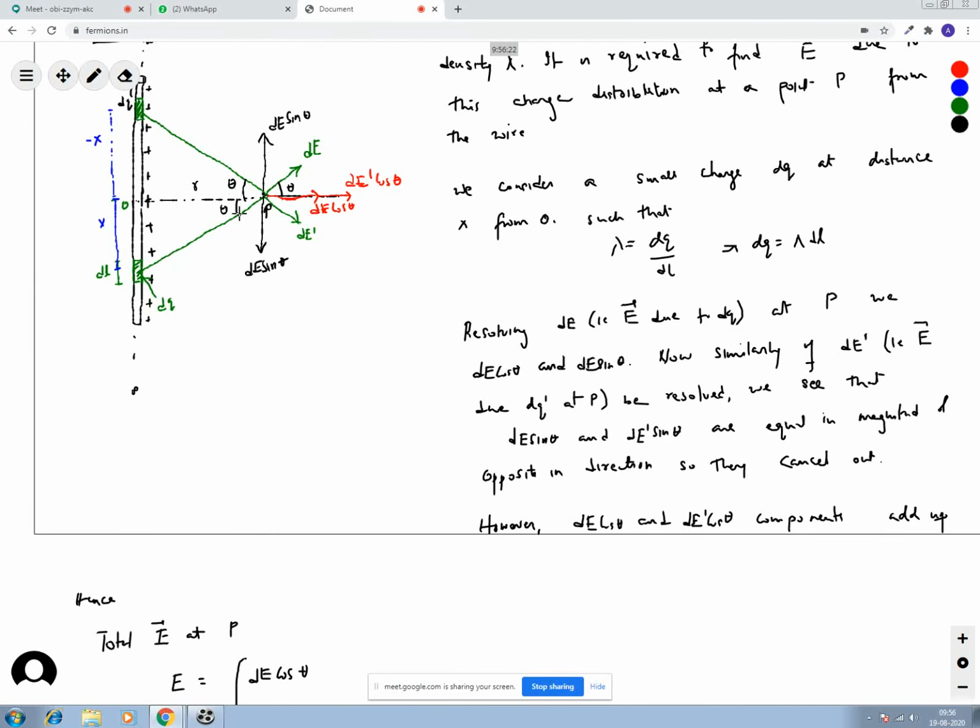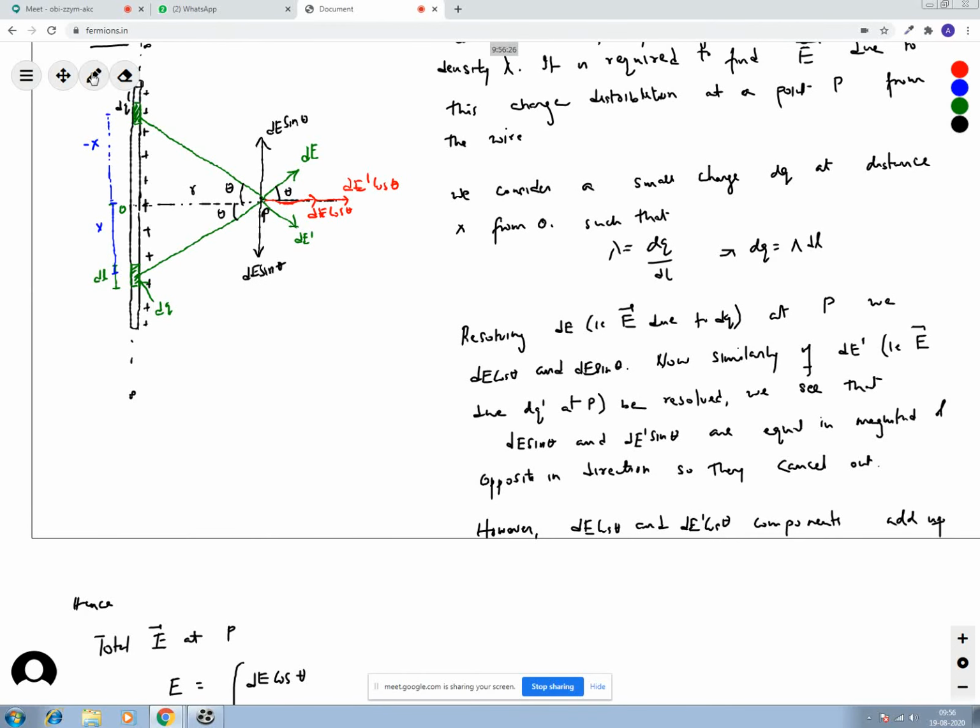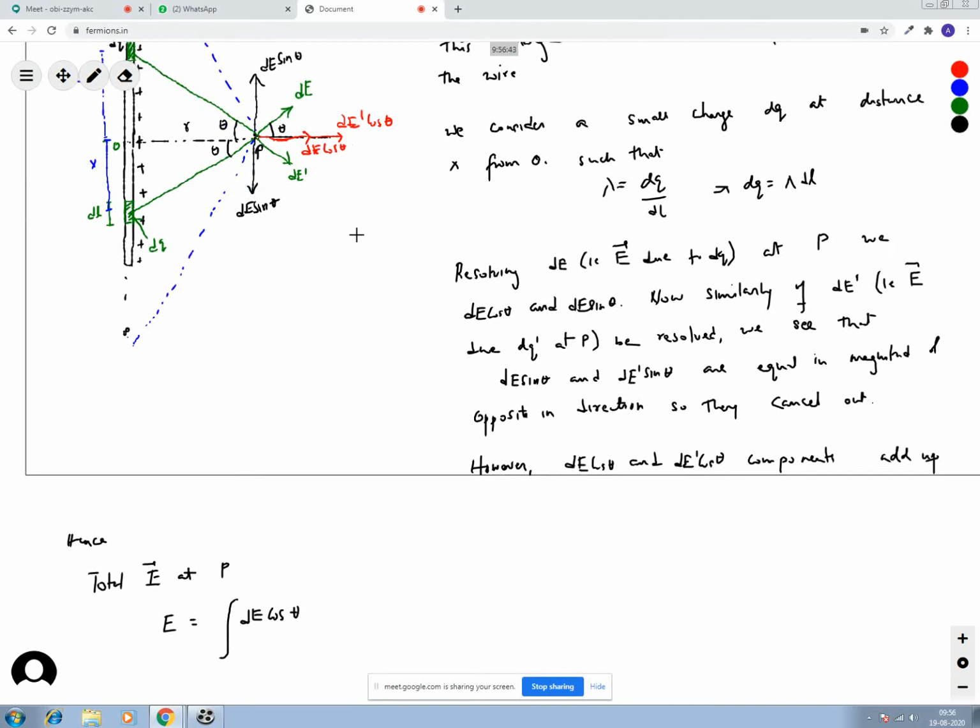If you look closely now, can you imagine this angle theta is coming from, we don't know how far because this is infinity. We will check that. And this is also going up to so far, right?